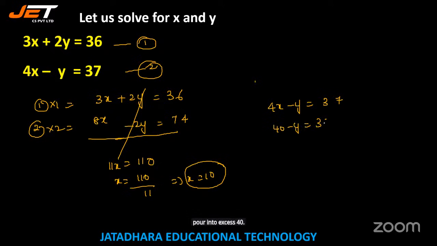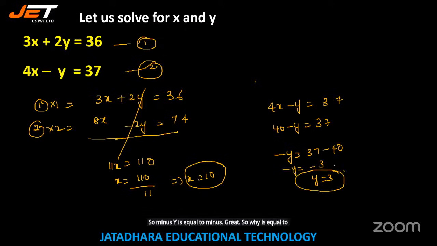Minus y is 37. So minus y is equal to 37 minus 40. So minus y is equal to minus 3. So y is equal to plus 3. Okay. So just you can substitute in any one equation and check whether your answer is right. So 40 minus 3 is 37. Yes. So the answers are right on.